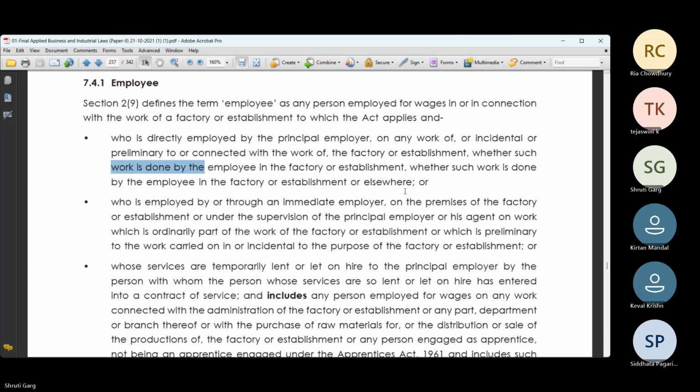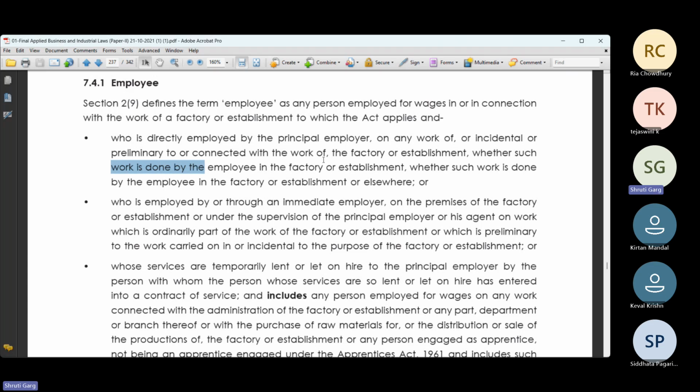Means, let's study it in little points. There is a big para, right? See, the employee who is directly employed by the principal employer for doing any work or incidental work or preliminary to or connected with the work, right?